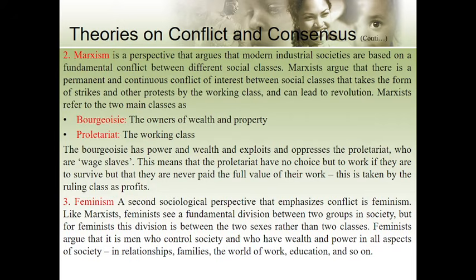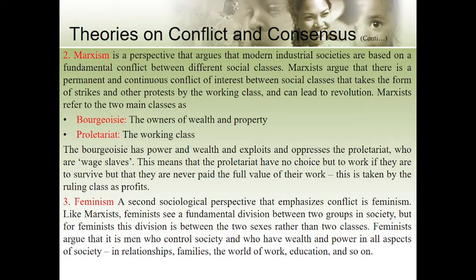This is taken by the ruling class as profit. Where functionalists look at parts of society and see how they keep society stable and harmonious, Marxists look at phenomena and see how they allow the bourgeoisie to keep their wealth and power.